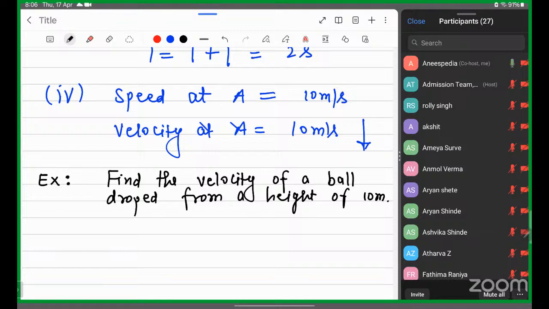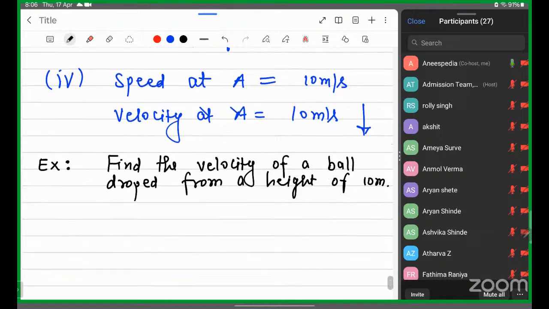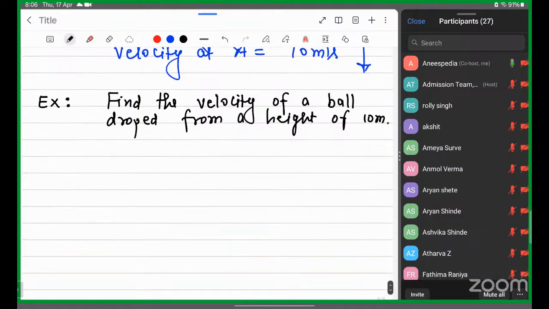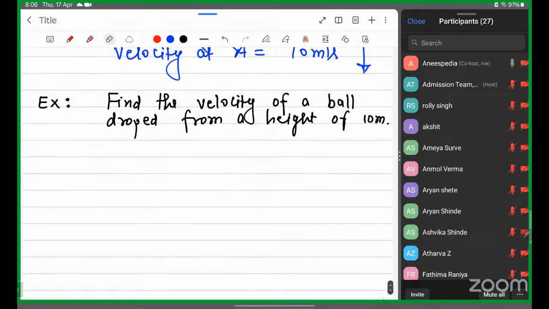So if we drop a ball from a height of 10 meter, what will be its velocity when it strikes the ground? So let's say here we have the ball and this is a height of 10 meter, and I want to know what will be the speed at this point.